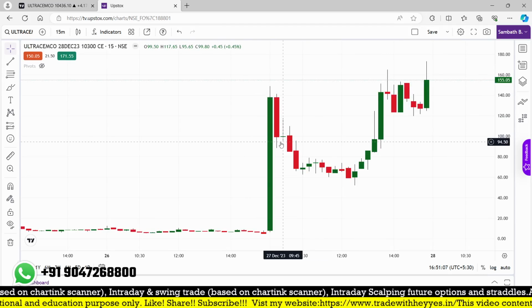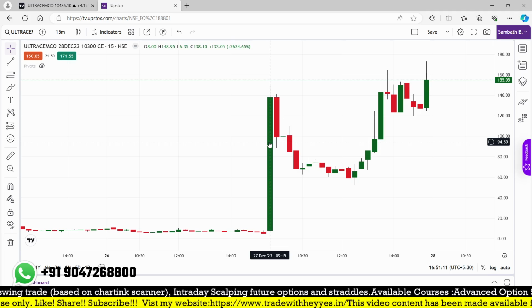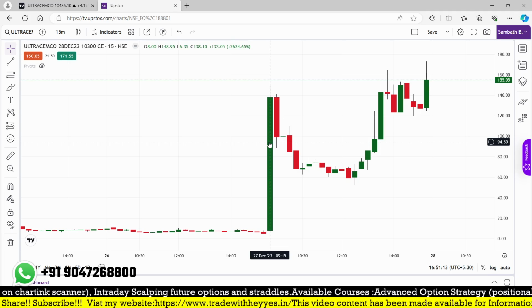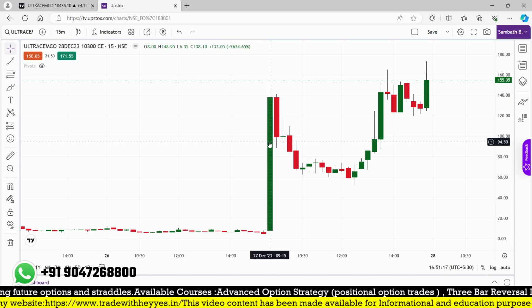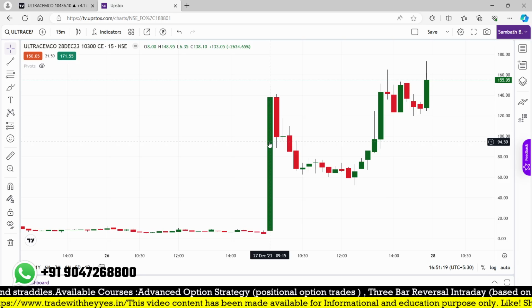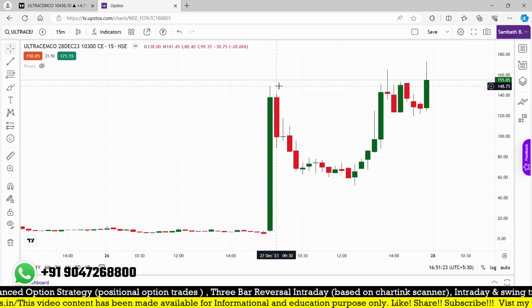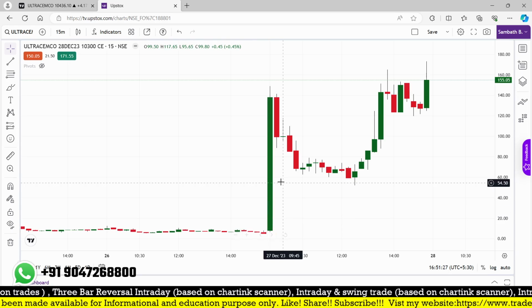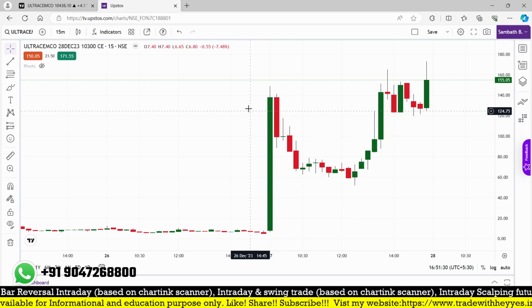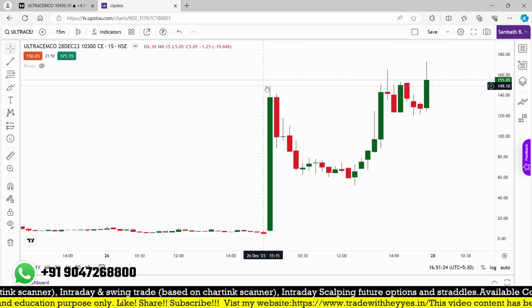If I'm looking at option trading, the high of that particular option is 148.95 in the first 15 minutes, and the low, if you are comparing the low, is around 6 rupees 35 paise. If I'm buying the option around 148, 150 and keeping the stop loss below the low, it's not quite worthy. But one more important thing, that option has not given you the breakout after the first 15 minutes.